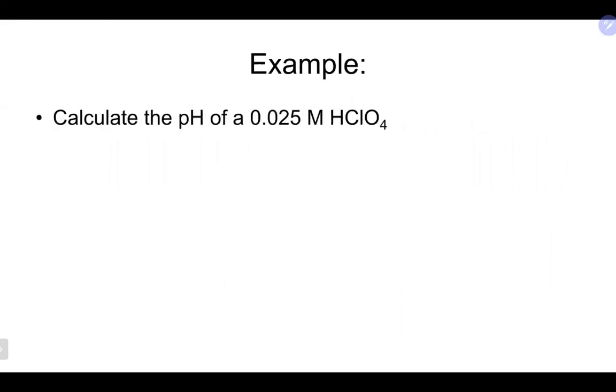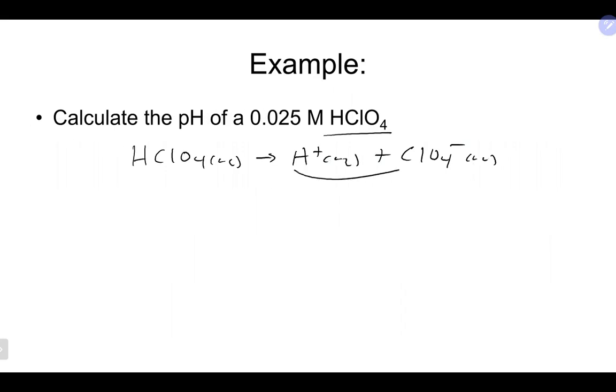For example, here, this is perchloric acid, which once again is a strong acid. It will break apart into H plus and ClO4 minus. Remember, in solution, this is 100% of what you have floating around, which means since this is 0.025 molar, the H plus will also be 0.025 molar.